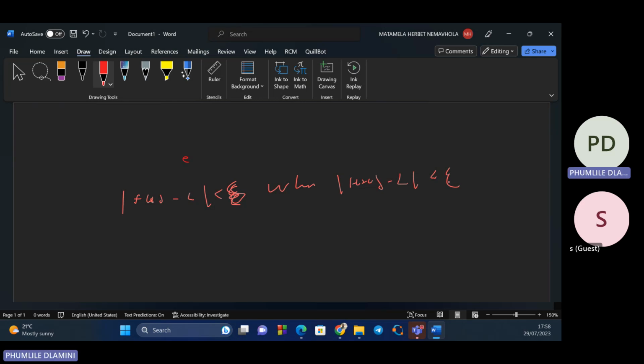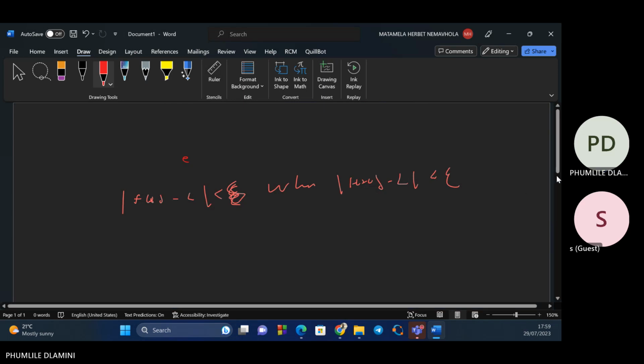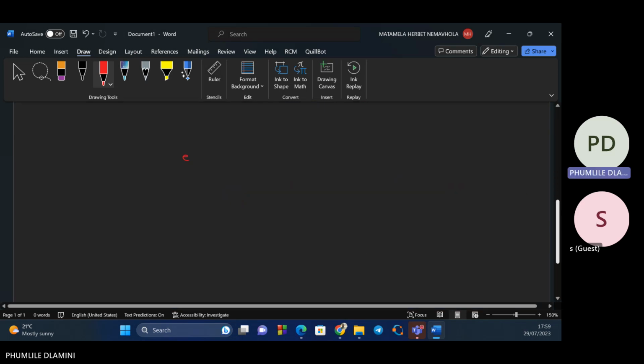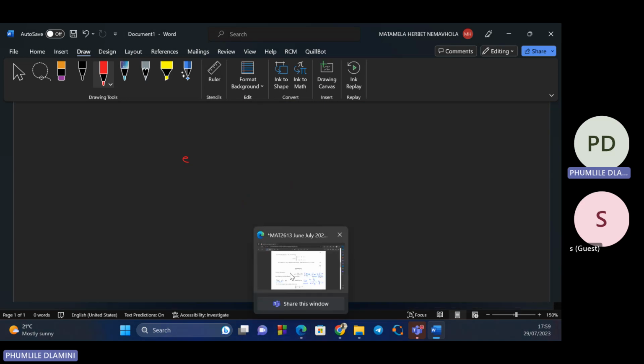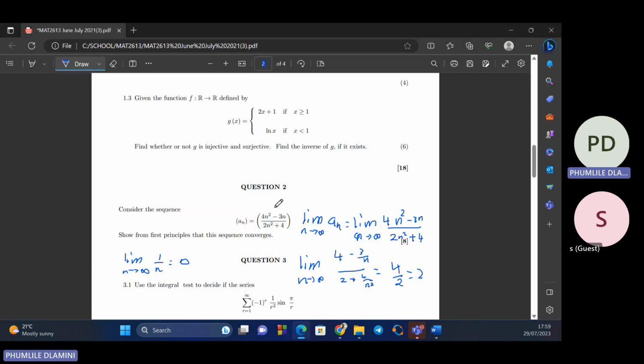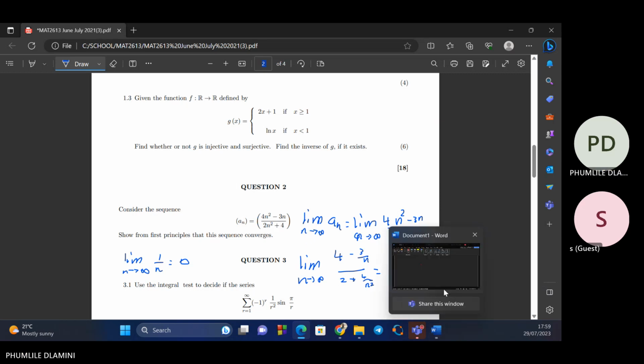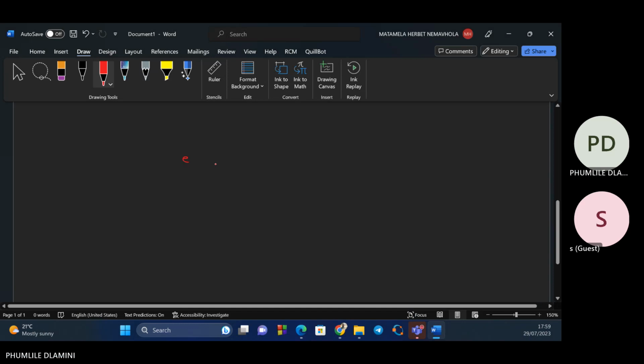So in that definition, let me write it. It's 4n squared minus 3n over 2n squared plus 4.